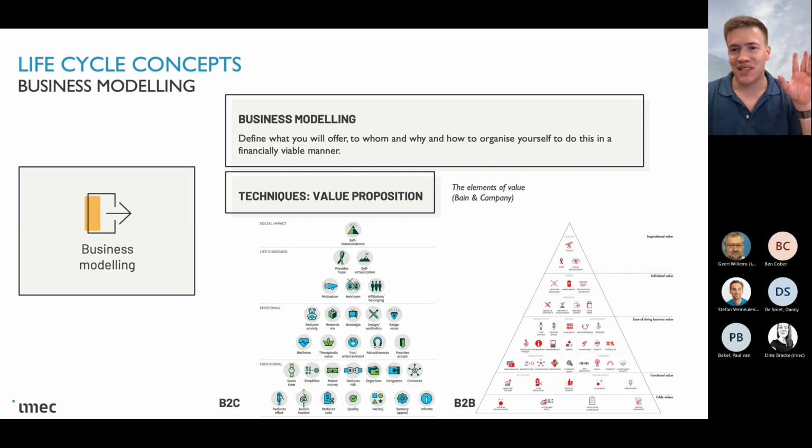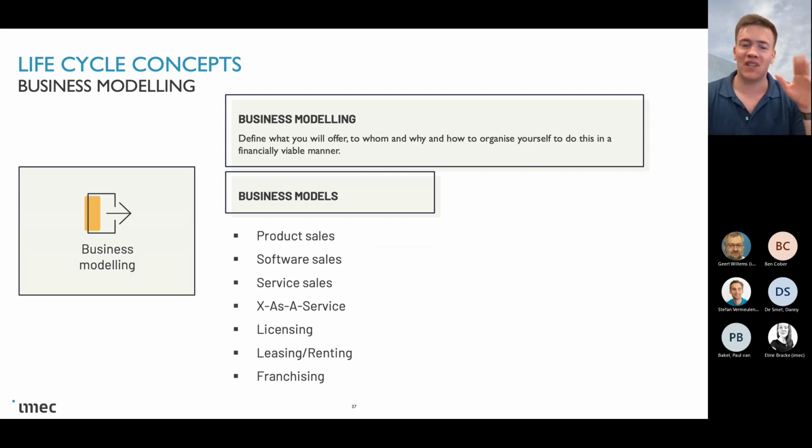Besides value proposition and market, there's of course the business model itself. I didn't go very far, but there are quite different business models to think of. Definitely, if you go to smart products, you can do direct sales, but you can also sell software directly or services.